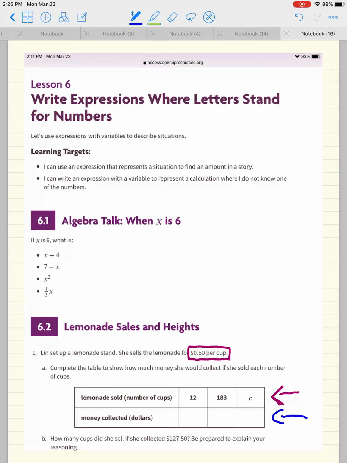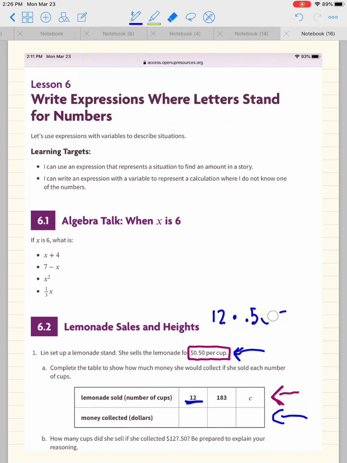So in order to find this, we are going to have to multiply the price per cup times the number of cups. So for the first one, we're going to have 12 times 50 cents, or 0.50, and that's going to give us our answer.